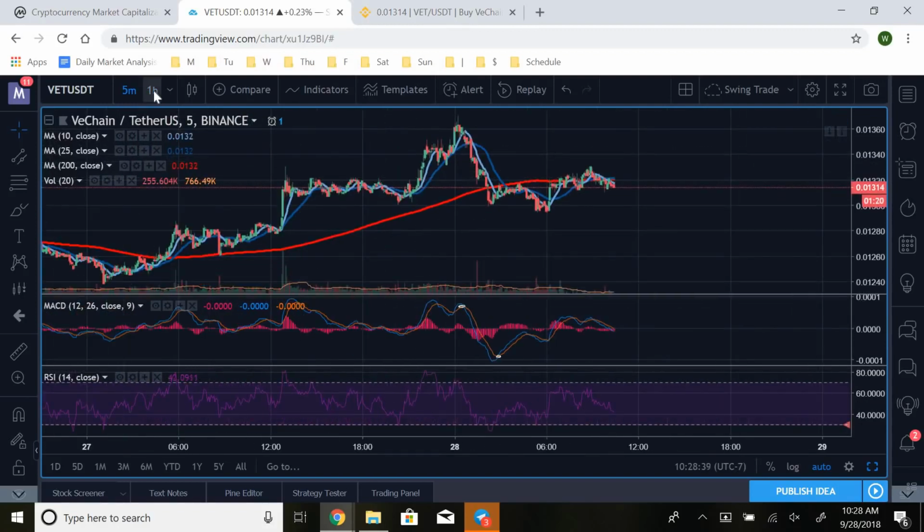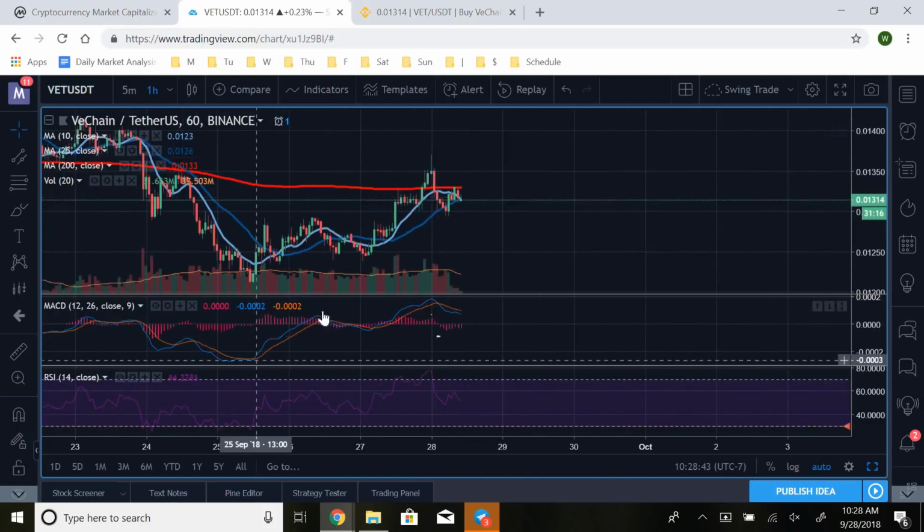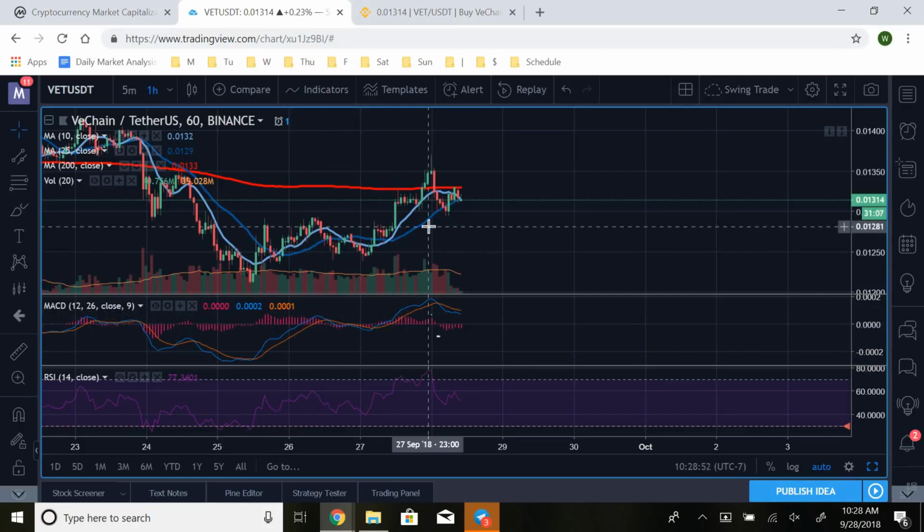So that's what I use the 1 hour for, to judge the MACD as well as the overall momentum and volume. Is it moving up in the medium to long term, or is it going down? Those are the two time intervals you want to focus on, as well as the different things you want to look out for.